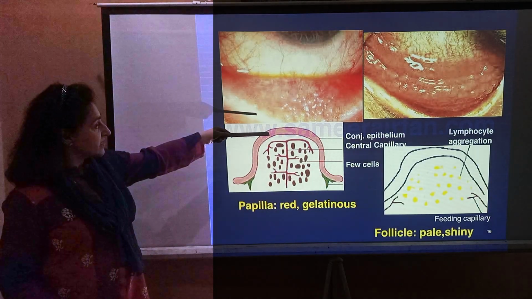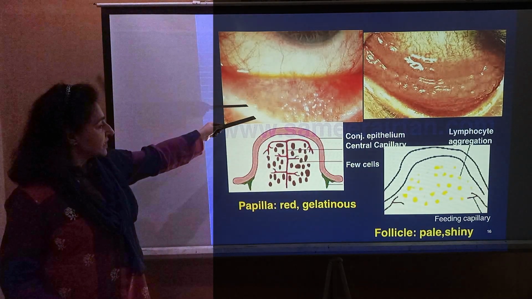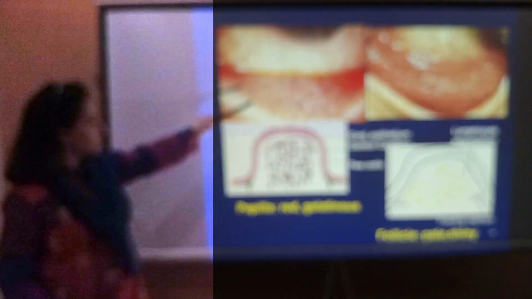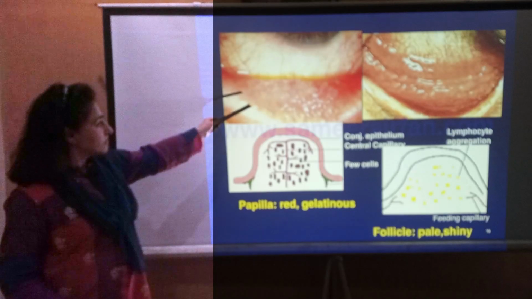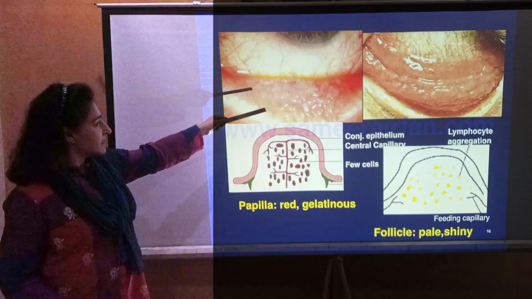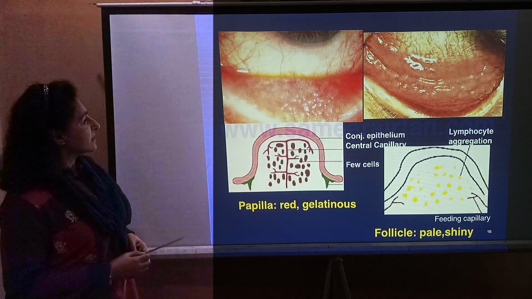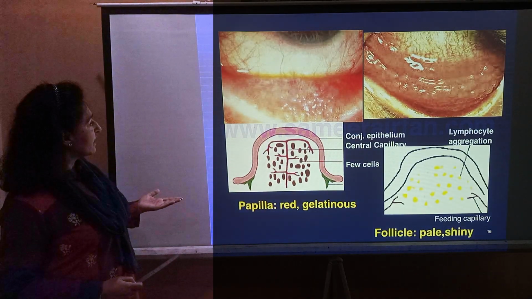In conjunctivitis, you have to evert the upper lid, and you have to lower the lower lid, and look for follicles or papillae, and notice where they are.